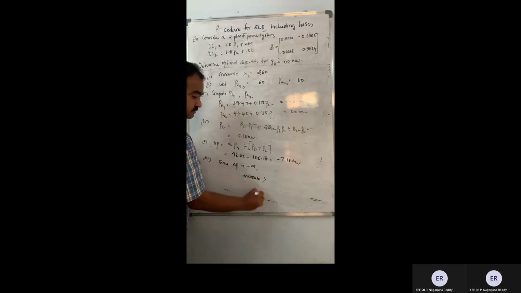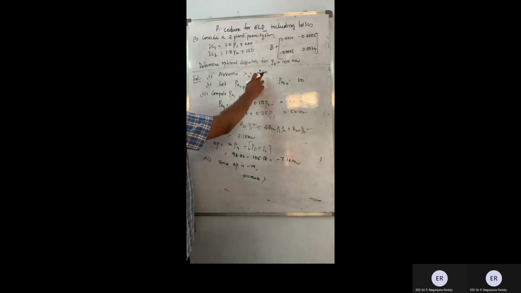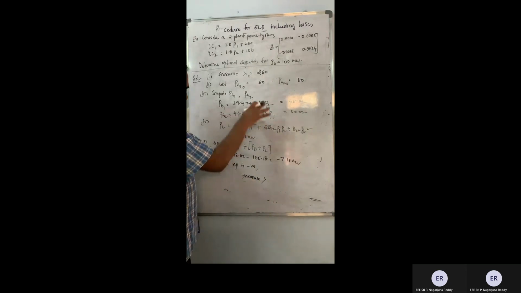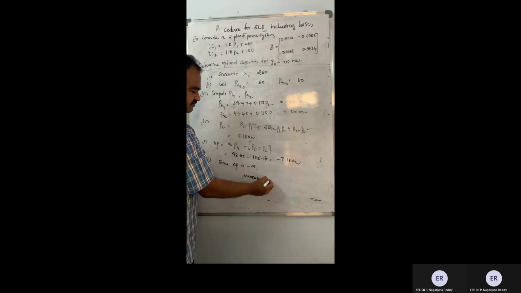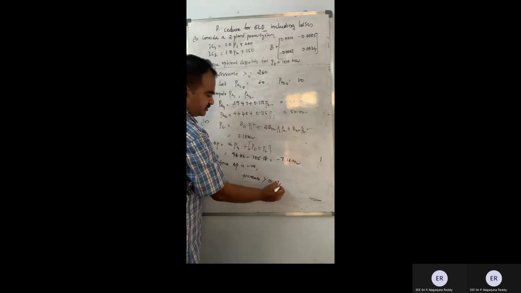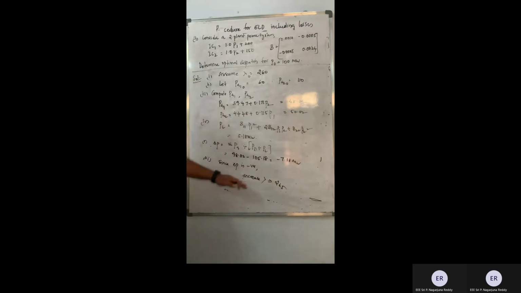But since it is again not close to 0, since delta P is negative, increase lambda. So earlier my lambda value was 260. Now I am going to converge it. So I will choose my lambda to some 265 because I am getting closer, right? So I will go with 265.